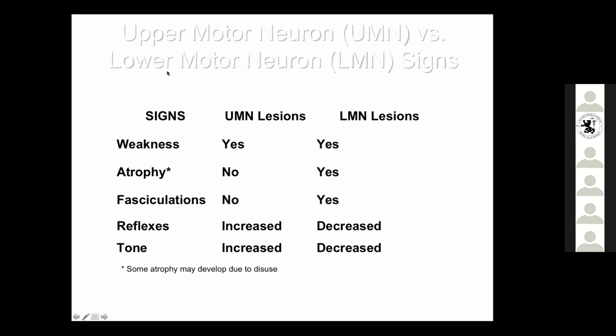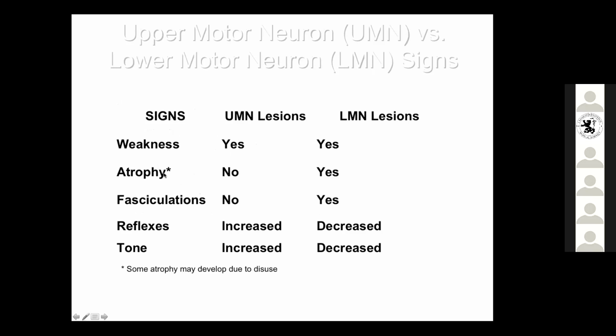The difference between upper and lower motor neuron lesions: if they have an upper motor neuron lesion, they would have muscle weakness in both, but the most important thing is to notice the differences.